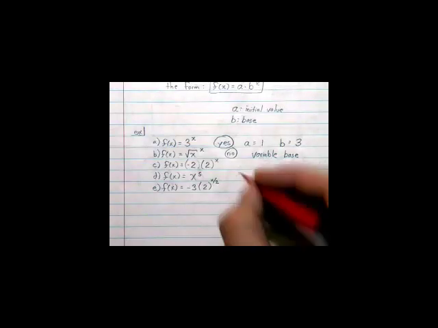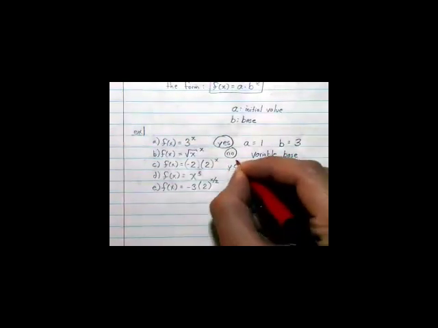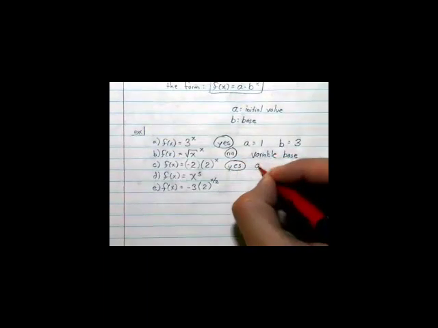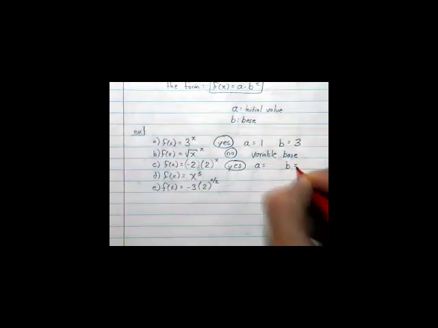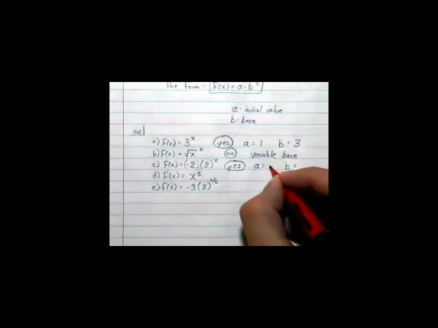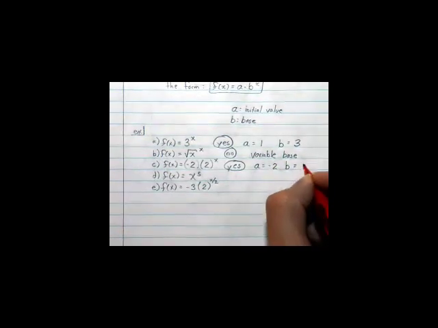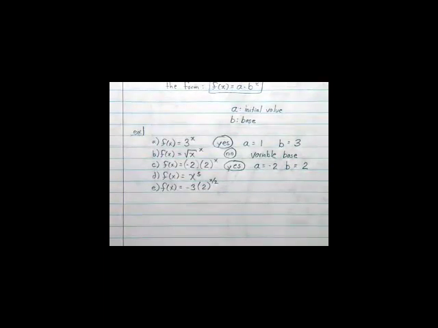Okay, third one. Negative 2 times 2 to the x. Yes, that one works. Since it is, what's the initial value for this one? Negative 2. What's the base? 2. Good. The next one, x to the 5th.